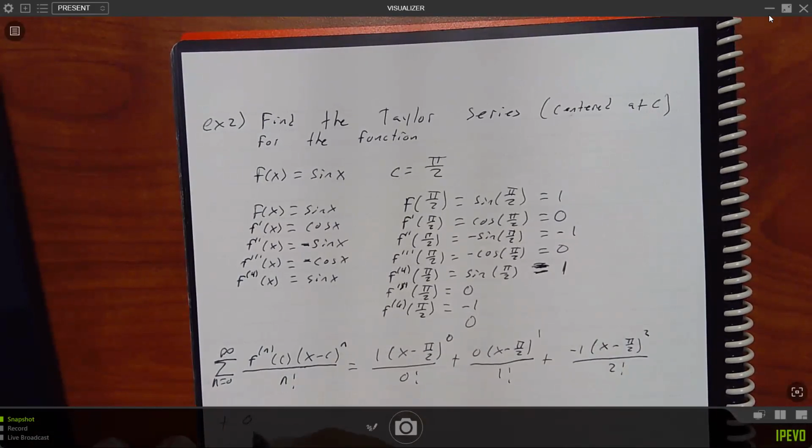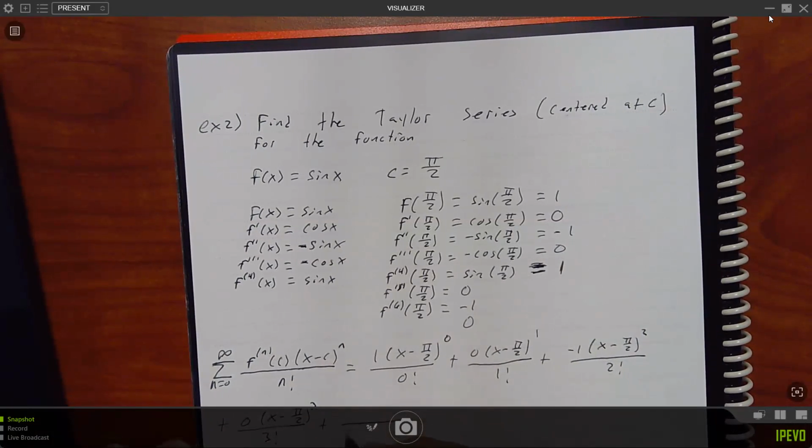Plus 0 over 3 factorial times x minus pi over 2 cubed, plus 1 over 4 factorial times x minus pi over 2 to the 4th, plus 0, right, for the 5th one?